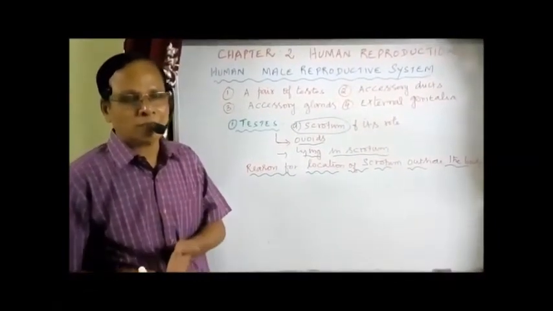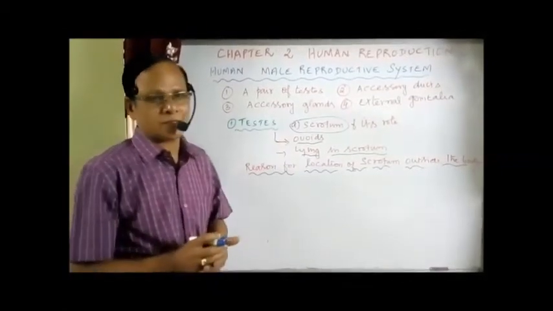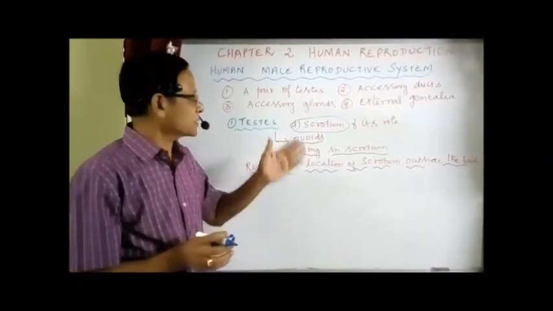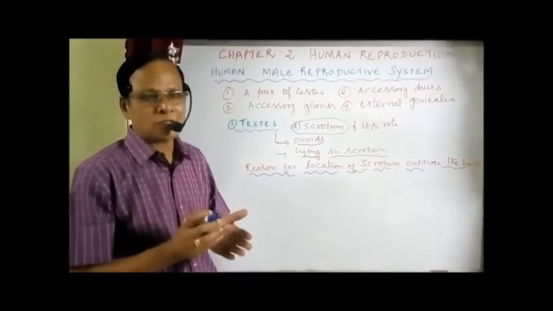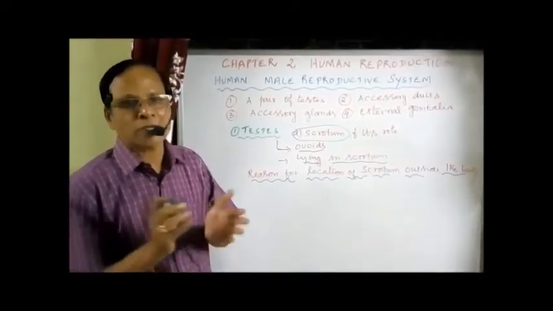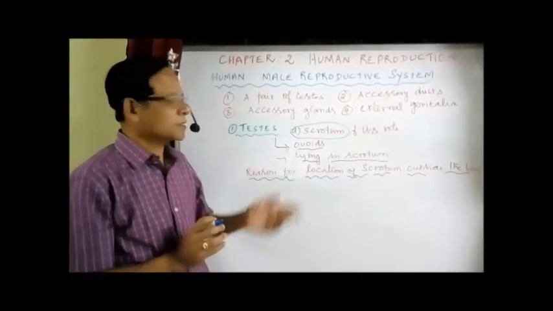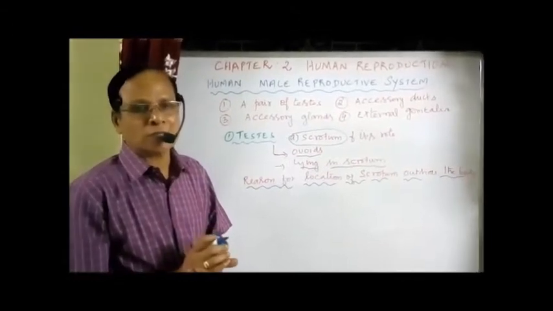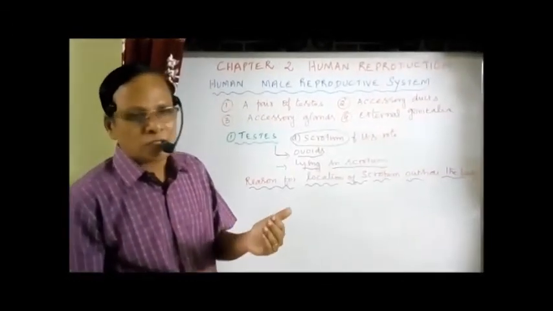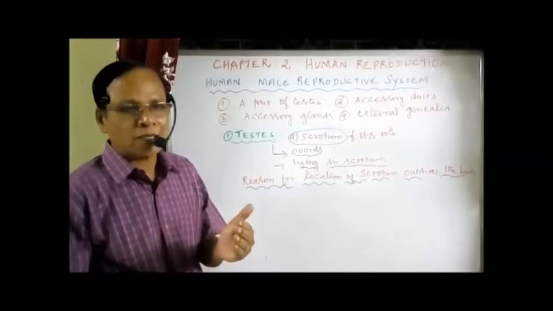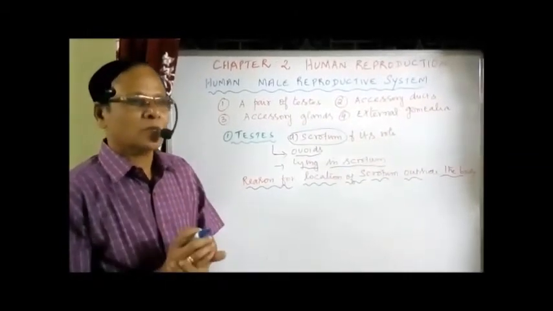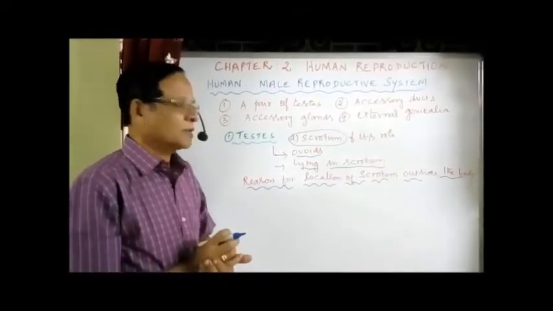But in most mammals, the testes are placed inside the scrotum, which hangs outside the body cavity. In human beings, the scrotum is located just outside the abdominal cavity, hanging from it. What is the reason for that?